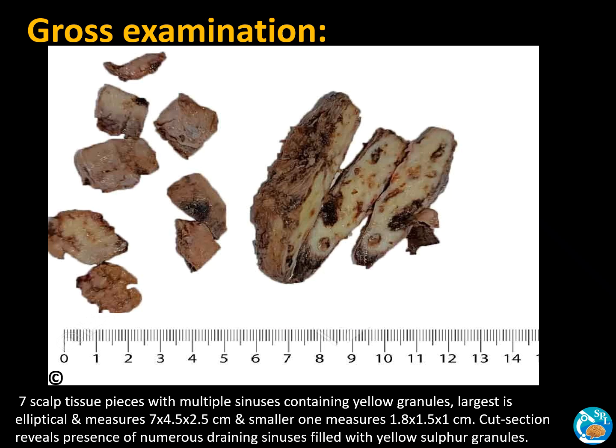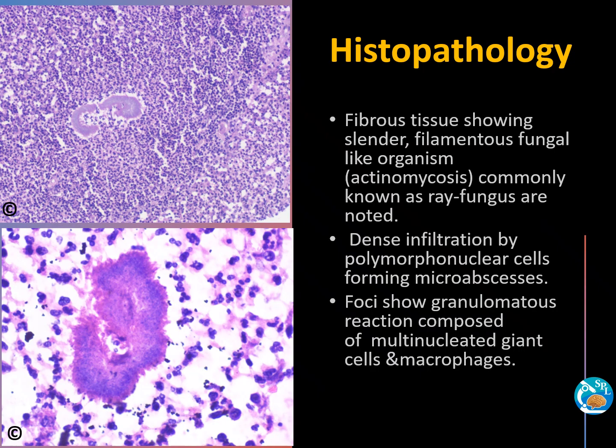there were numerous draining sinuses with fine yellowish granular material. After seeing this microscopic image, most of you must have gone down memory lane to your second MBBS, where this slide is kept as a spot diagnosis slide in the practical exam.